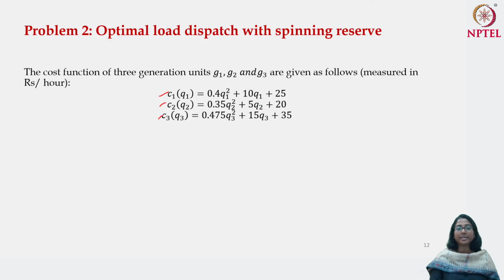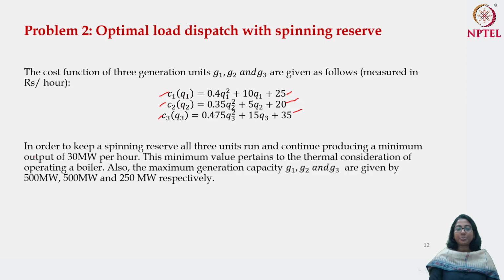And the third generating unit has C3(Q3) equal to 0.475 Q3 squared plus 15 Q3 plus 35. Again you notice this 25, this 20 and this 35 are all fixed costs of production and will not be reflected in the marginal cost.